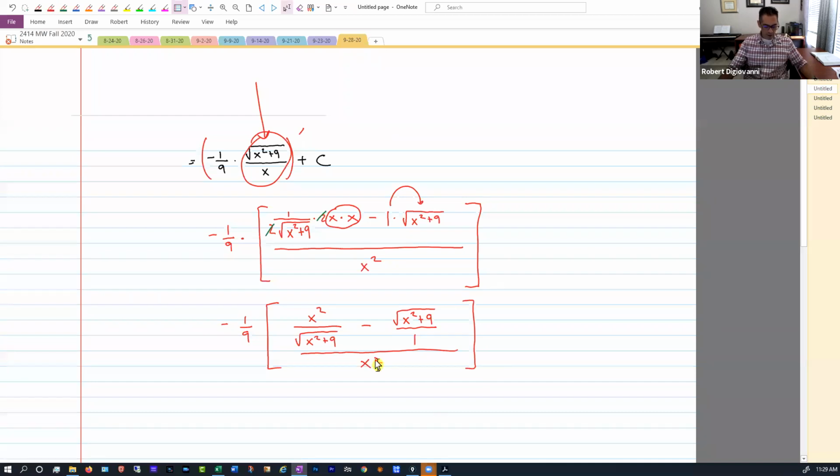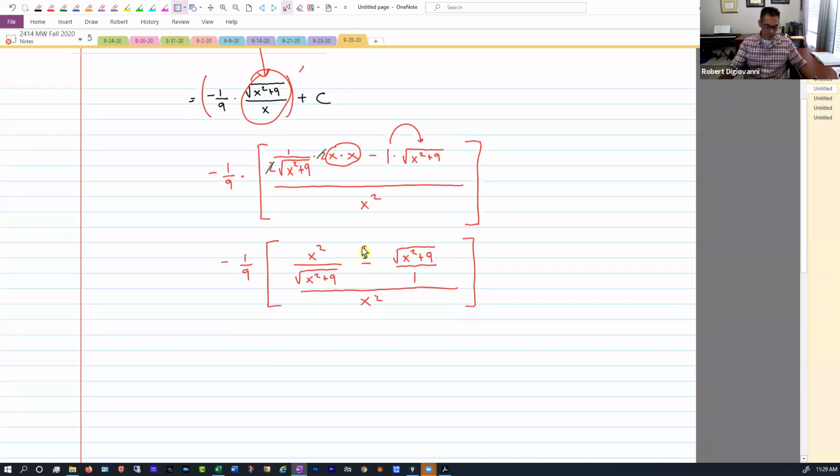So this is what we call a complex fraction. So what I'm going to do is try to put these two together. I'm going to multiply the top and bottom by the square root of x squared plus 9, so that I can have a common denominator. And that way I can push these two together. So when I do that, I'm going to have the x squared on the bottom, the common denominator here.